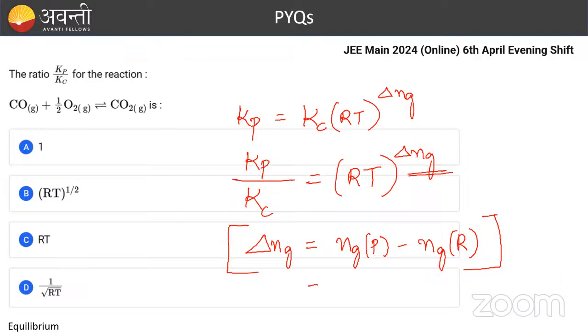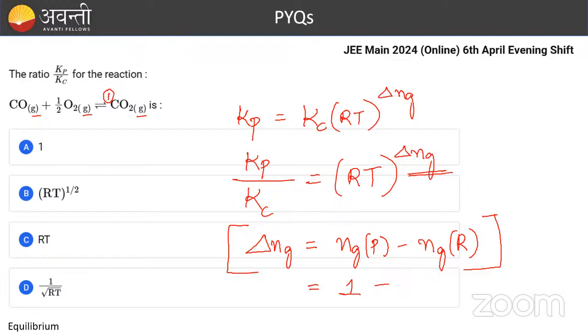Now we have to find out the number of moles of product. First you need to check whether all the substances are in the gaseous phase. Here in the given reaction, all of them are in gaseous phase. We have only one product, carbon dioxide, and its number of moles is 1. So in place of np, put 1 minus.